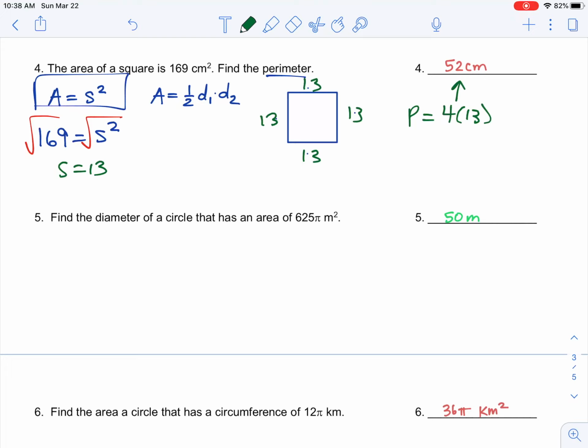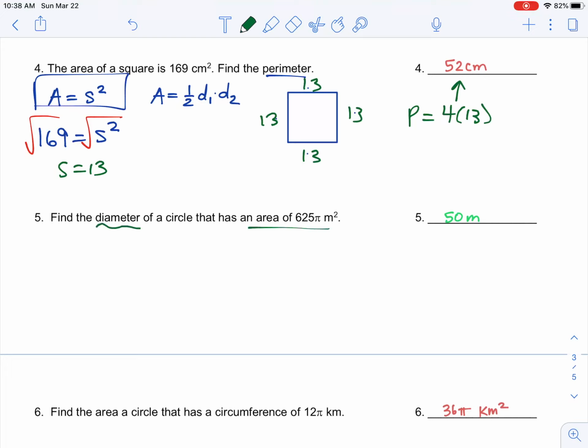Next one says find the diameter of a circle that has an area of 625 pi meters squared. So area of a circle, pi r squared. Plug in for my area. I can divide both sides by pi. So that gives me 625 equals r squared.